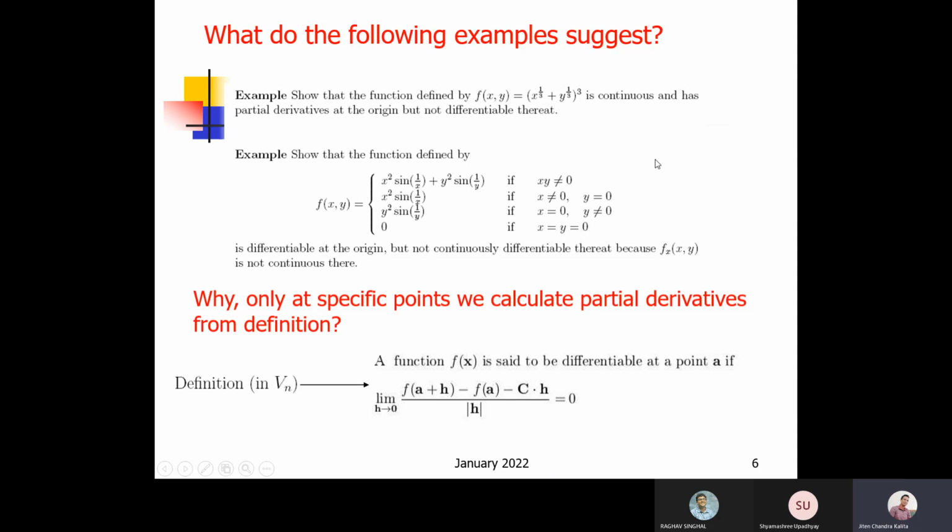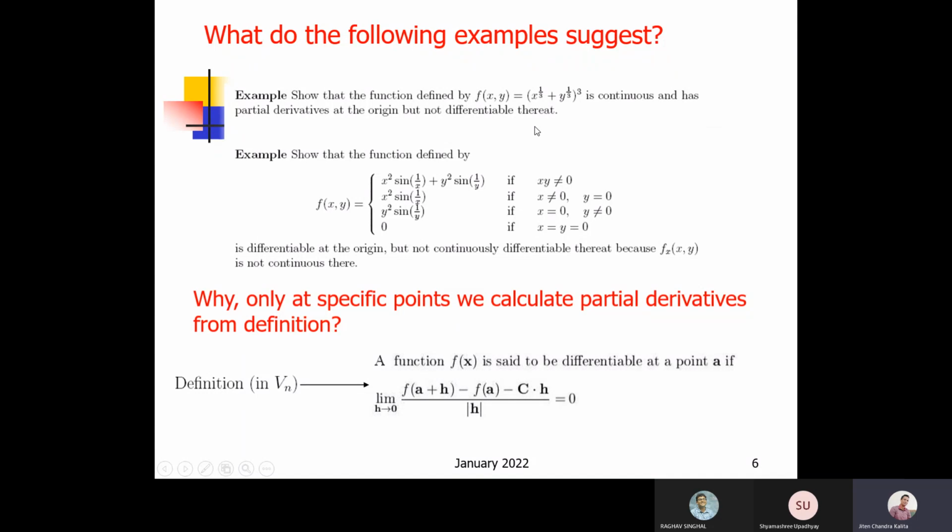Now this particular example is interesting because, as I have told you, in the earlier example the given function was not continuously differentiable, because the first order partial derivatives were not continuous at the origin.